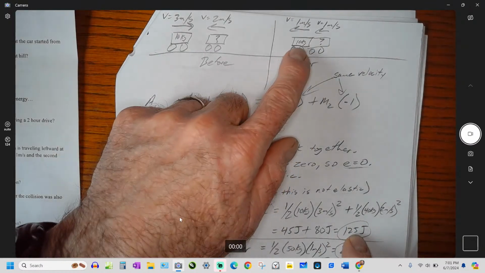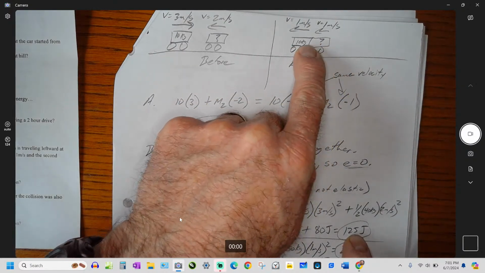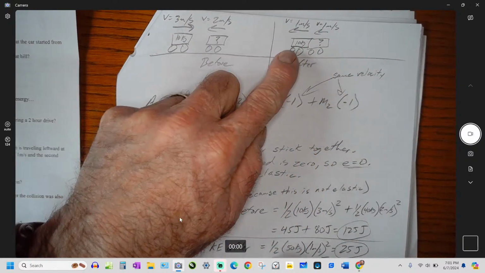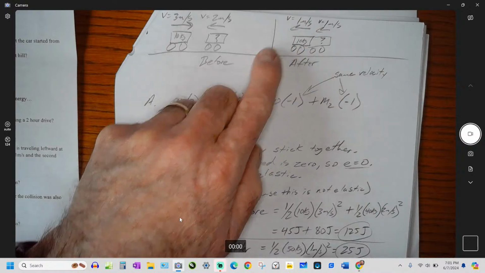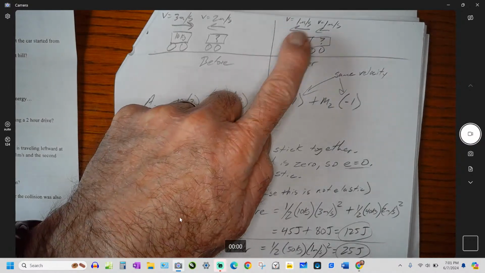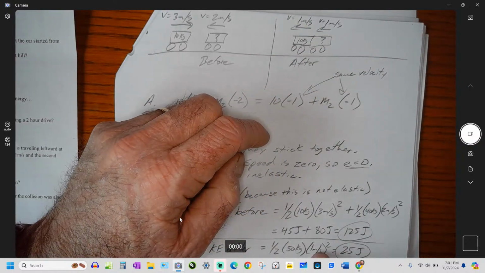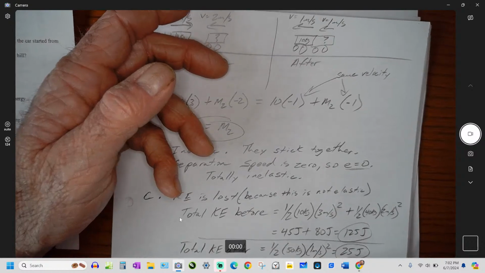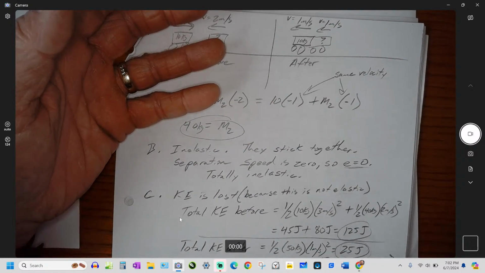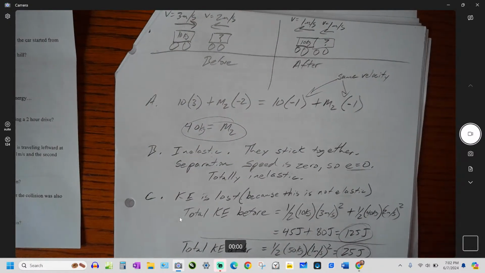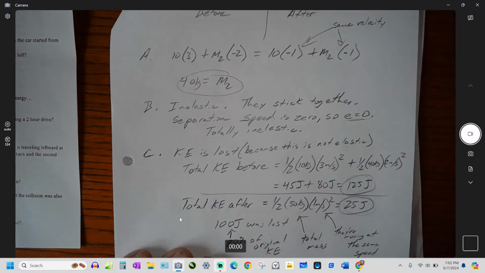And then since they're moving the same speed at the end, we could just imagine it's one thing moving together. So I did 1/2 mv squared for the total thing. The total mass is 10 kilograms plus 40, which is 50. And this is their shared speed. So there's only 25 joules of kinetic energy after the collision, 125 before. A whole bunch was lost.